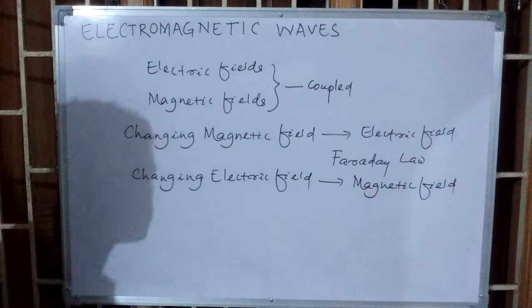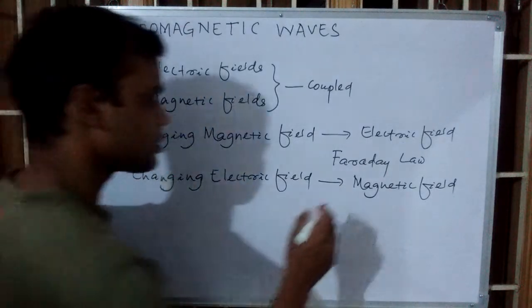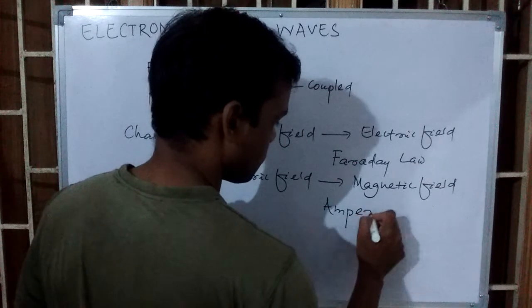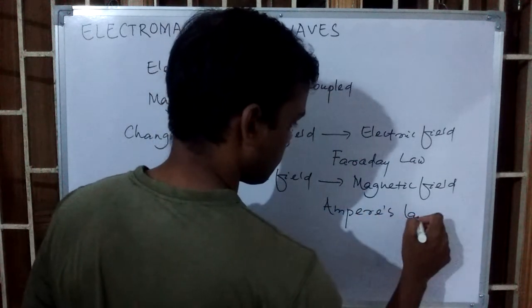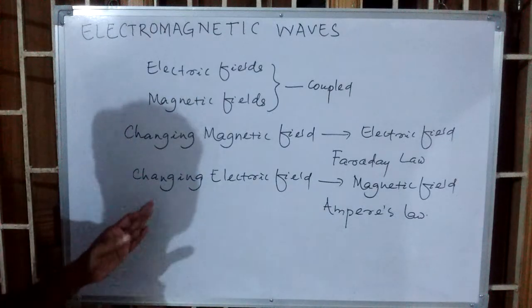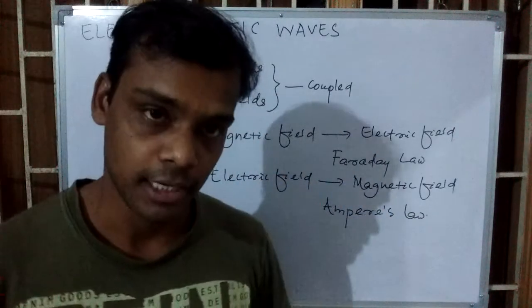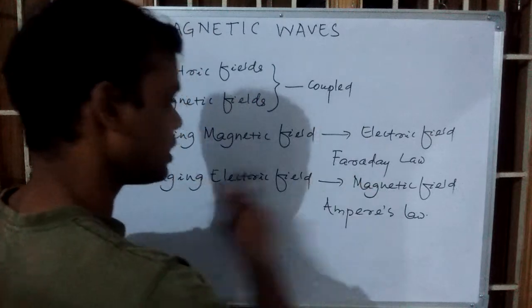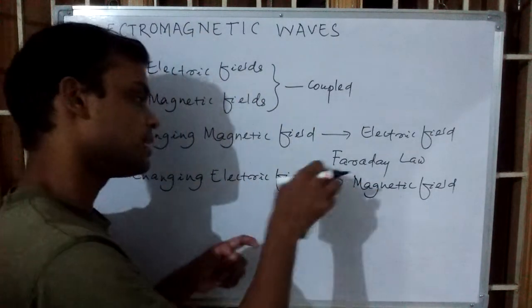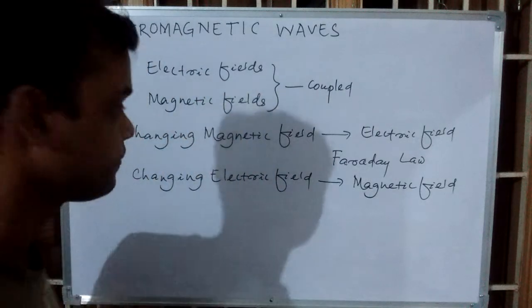One example is our Ampere's law. But Ampere's law does not actually say that a changing electric field produces a magnetic field. You cannot say this is Ampere's law, but you can relate it with Ampere's law.